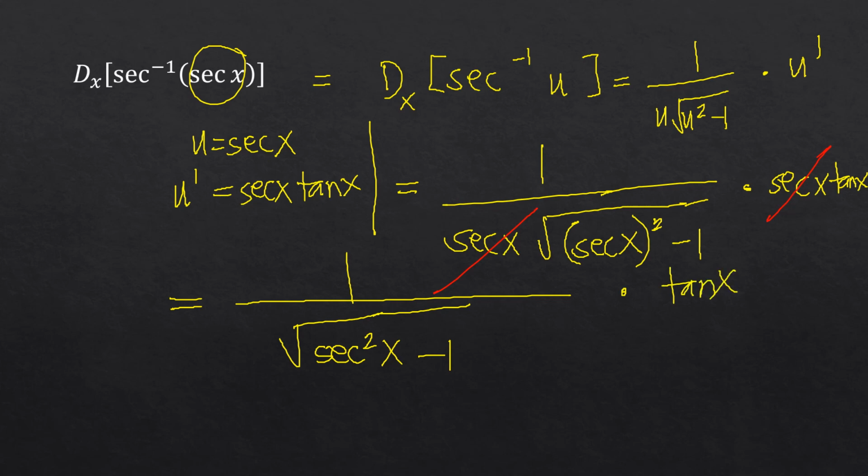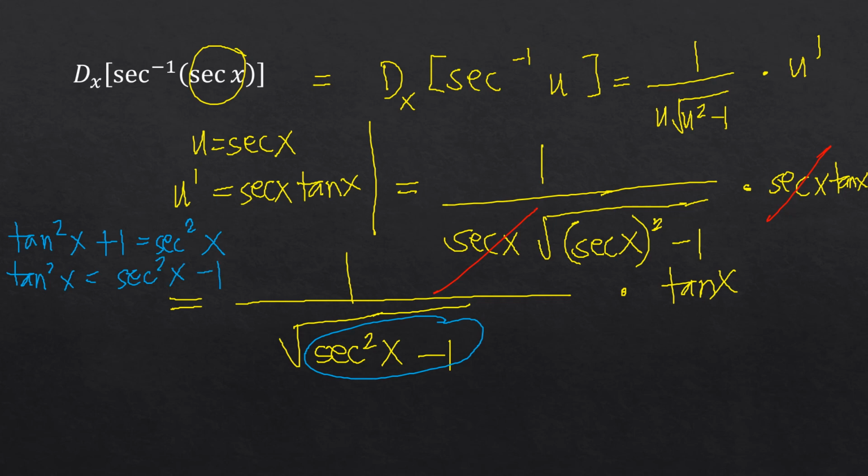Now take note that this can actually be replaced using the Pythagorean identity. Tangent squared x plus 1 is secant squared x. Therefore, tangent squared x is equal to secant squared x minus 1. Ibig sabihin, pwede natin palitan ng secant squared x minus 1 into tangent squared x. So we have 1 over the square root of tangent squared x times tangent x.